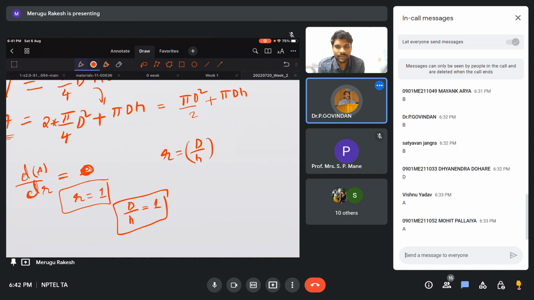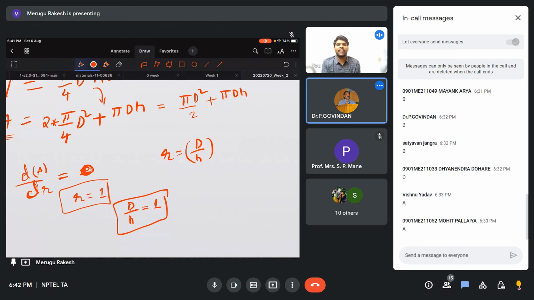That means the diameter is equal to height, which means you have to give the riser height according to the diameter of the riser. So for more volume of castings, we need to give a very big diameter riser. Is it advisable to give a high diameter riser?